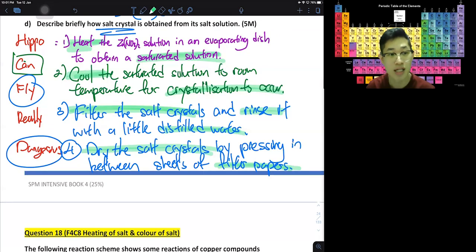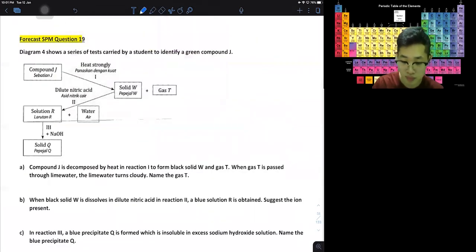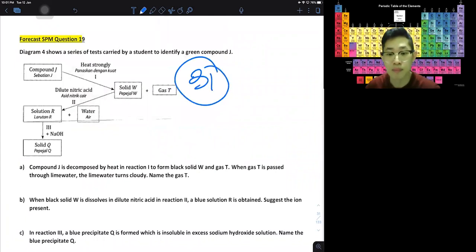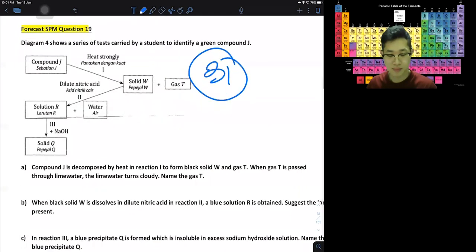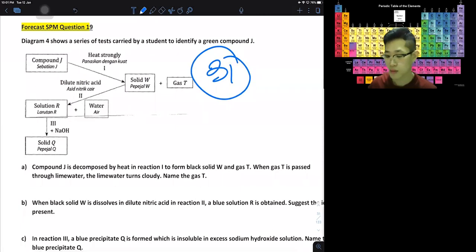Okay, let's continue. Okay, one more. Page 31, 3-1.